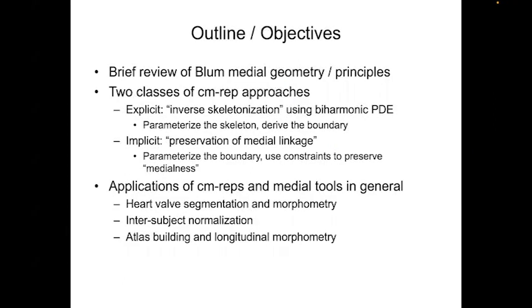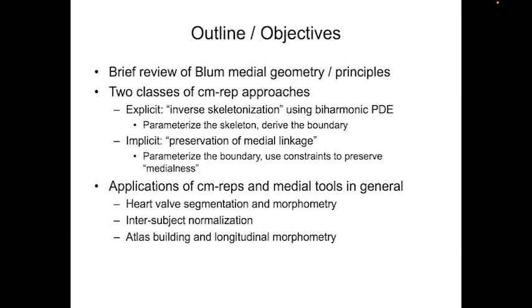The first type of approach is called inverse skeletonization, and the idea is that we start by parametrizing the skeleton of an object, or a representation of a skeleton of an object, and then we reverse the grassfire transform to generate a boundary in a parametric way.